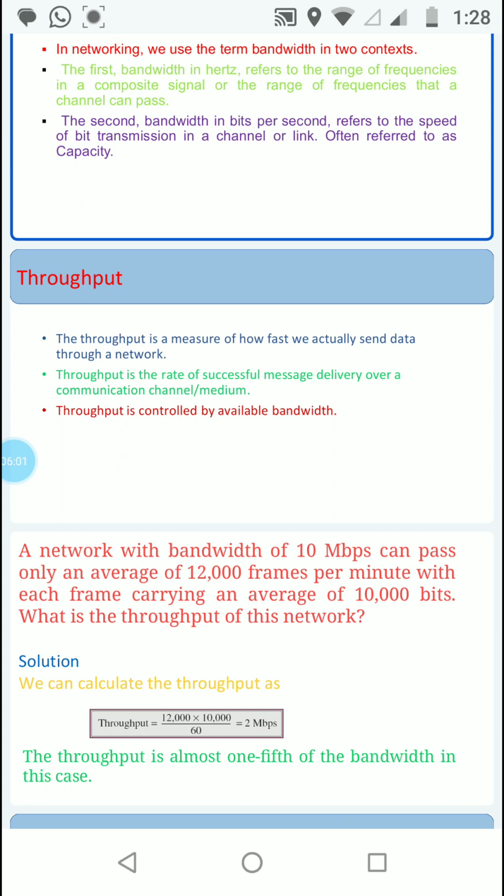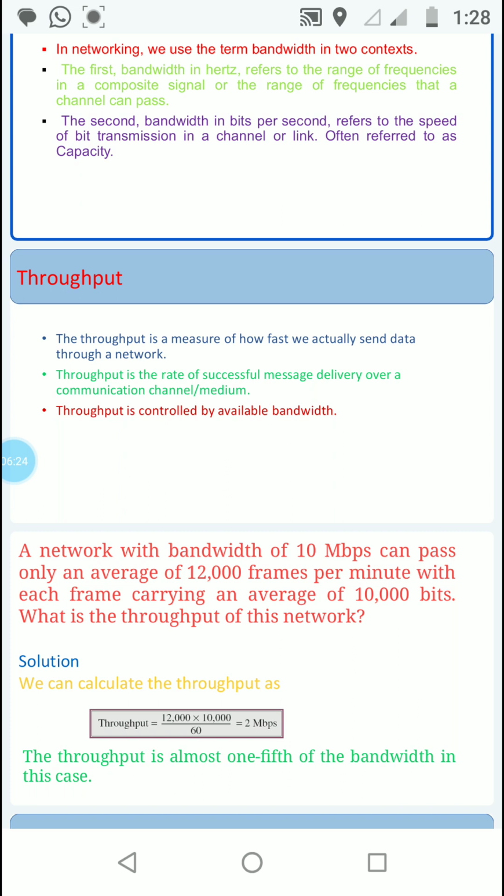Throughput is controlled by available bandwidth. A link may have a bandwidth of B bps, but we can only send T bps through this link, with T always less than B. Bandwidth is a potential measurement of the link, and throughput is an actual measurement of how fast we can send the data.